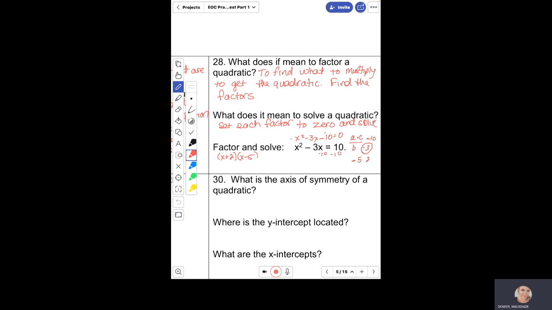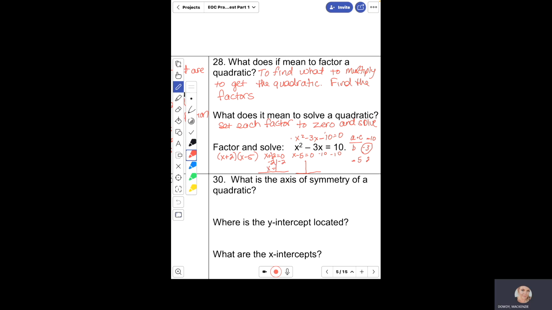To solve, set those equal to 0. So we would have x plus 2 equals 0 and x minus 5 equals 0. You can draw your upside down t and solve. So we're going to subtract 2 from both sides on this one.